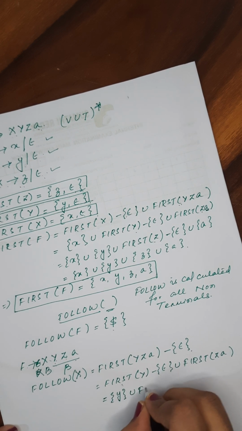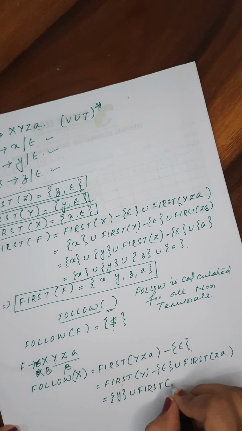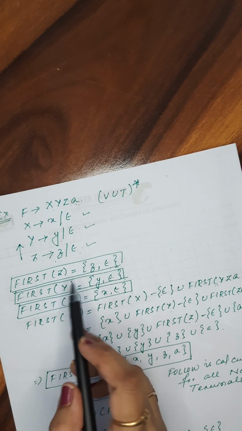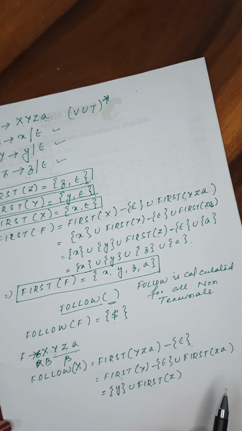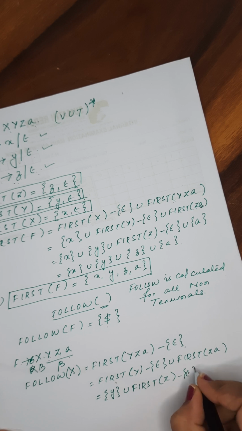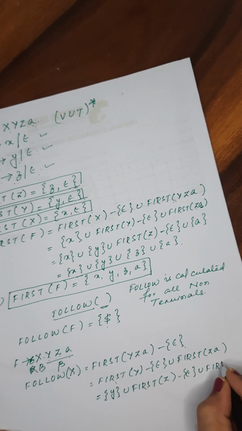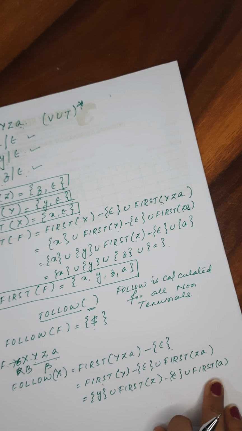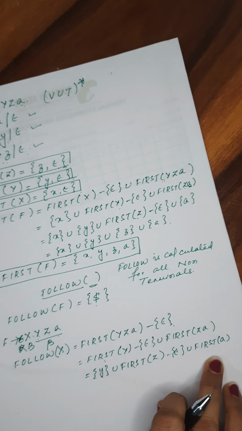Union first of Z. Again Z derives the empty string, the same rule, Z minus epsilon union first of A. A is a terminal symbol, so directly we will get a terminal symbol.